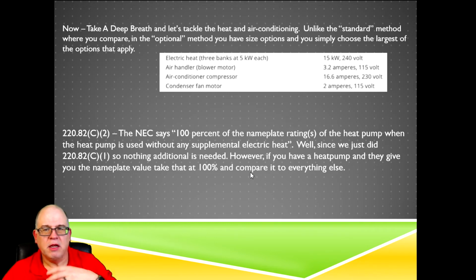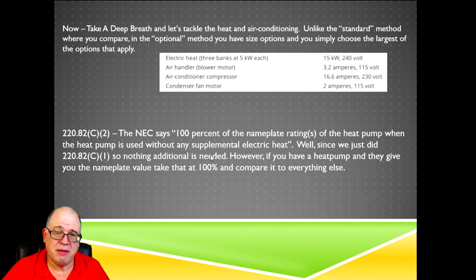So again, in ours, we're not going to use it for our calculation, but if it comes into play, then you would use it. Now, in this case, let's say that, just for kicks and giggles, this was a heat pump, but this is the only part that's a heat pump, and this right here is not supplemental heat to the heat pump. It's something else. Okay?